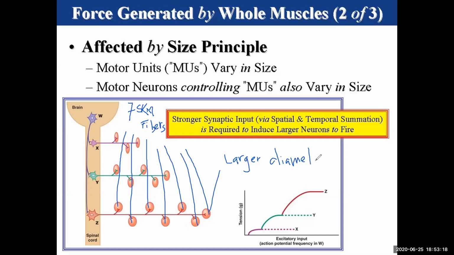So larger motor units, they have 2 things. And this is new, you haven't learned that yet. Larger motor units means they have a greater number of skeletal muscle fibers per motor unit. In other words, the larger motor unit, meaning the lower motor neuron, innervates 4,000 skeletal muscle fibers. But these skeletal muscle fibers have large diameters.